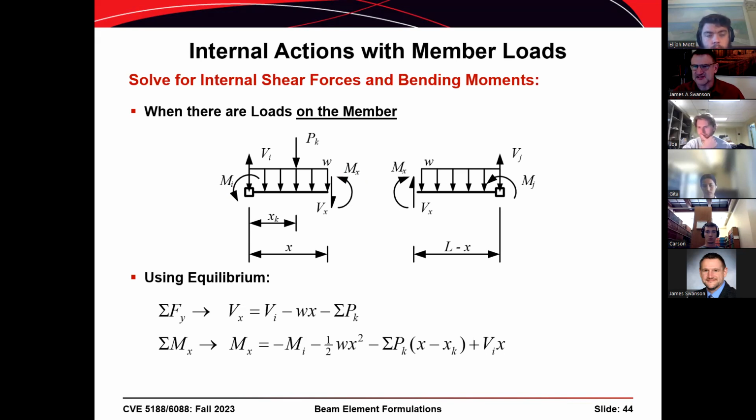M sub x is an internal bending moment. And yes, a moment is a moment, but for an internal bending moment we use a slightly different sign convention. The sign convention for an internal bending moment is that it's positive if it creates compression on the top fiber. So even though this bending moment is counterclockwise and this bending moment is clockwise, they're both positive.